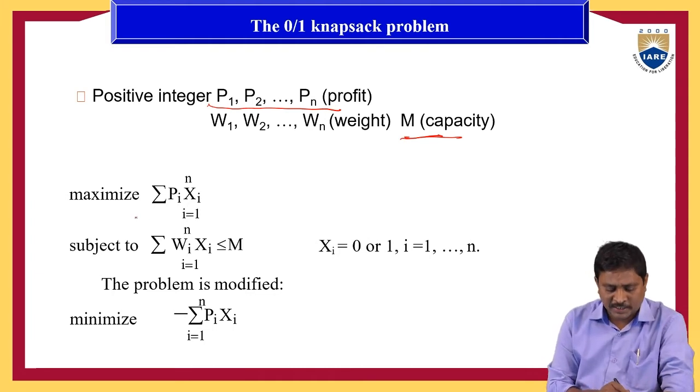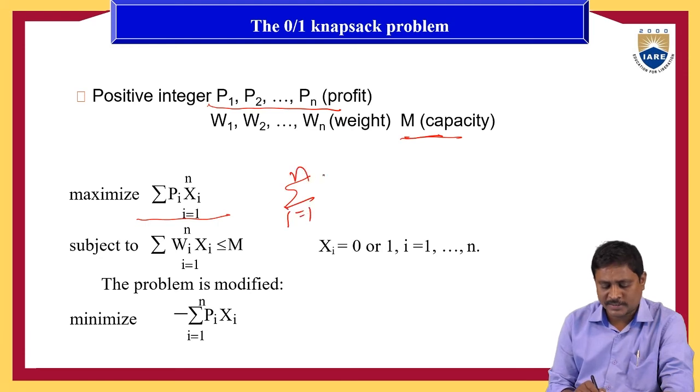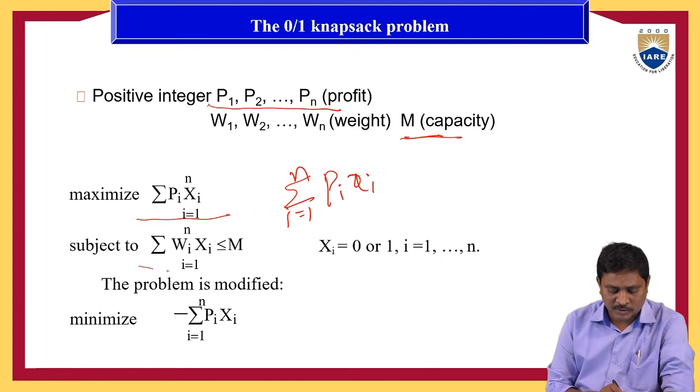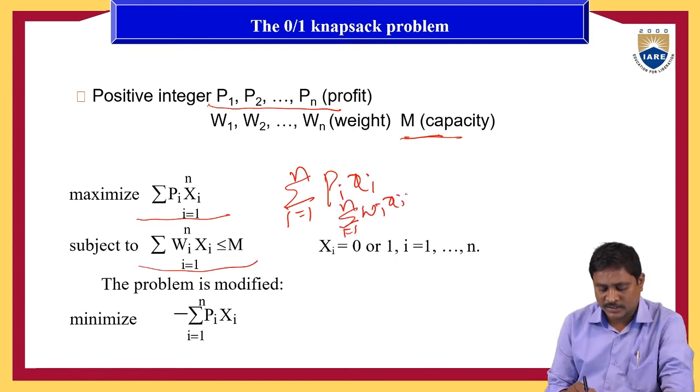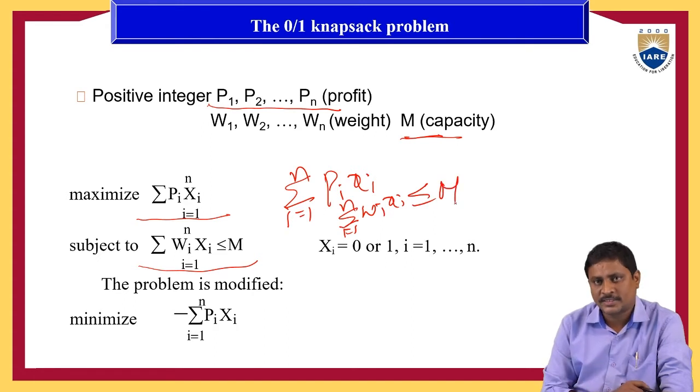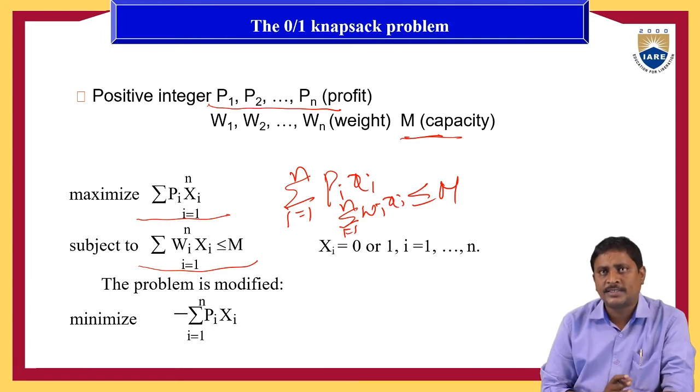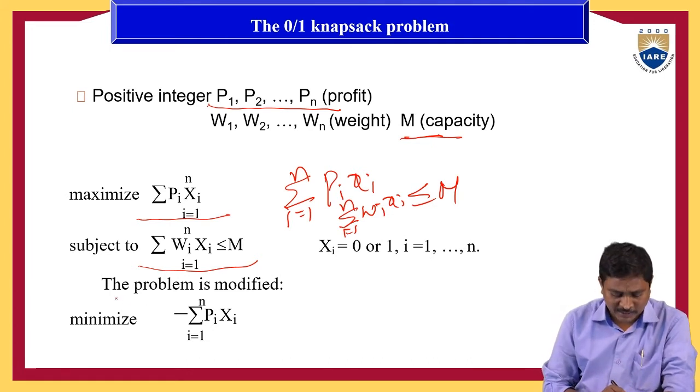Here we maximize the profit value, summation over i equal to 1 to n of Pixi, subject to summation over i equal to 1 to n of Wixi being less than or equal to M, the maximum capacity. So up to the maximum capacity, we insert these weight values into the bag and also maximize the profit value. That is the condition here.